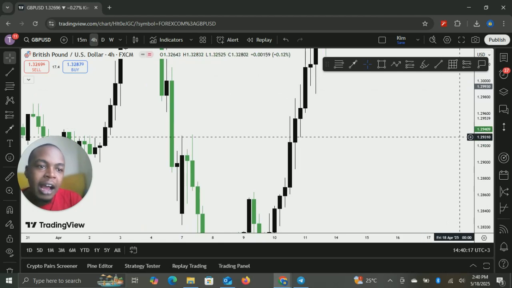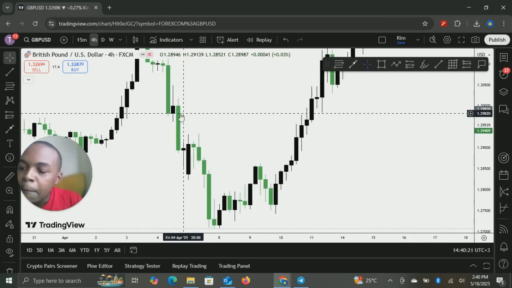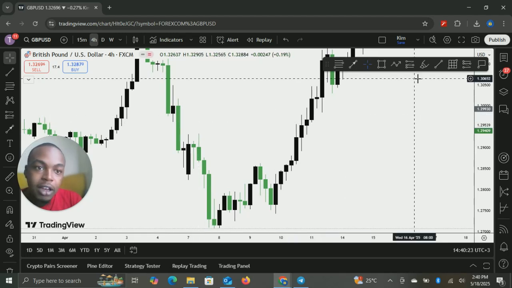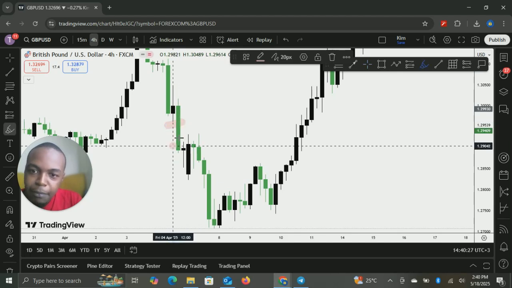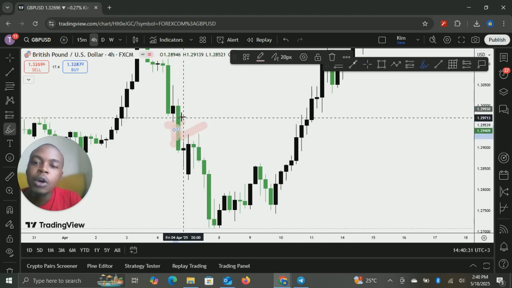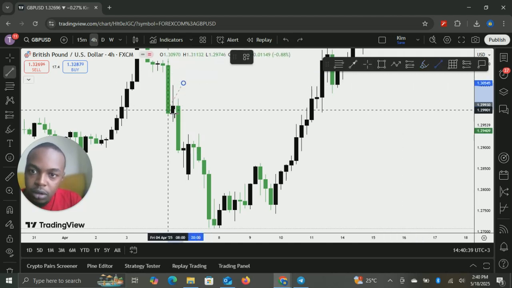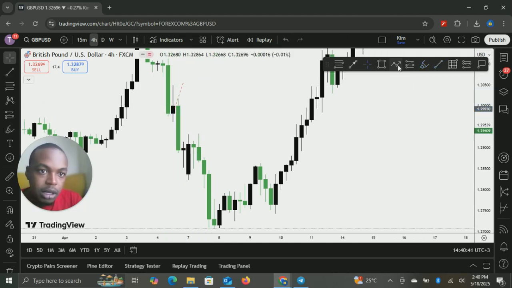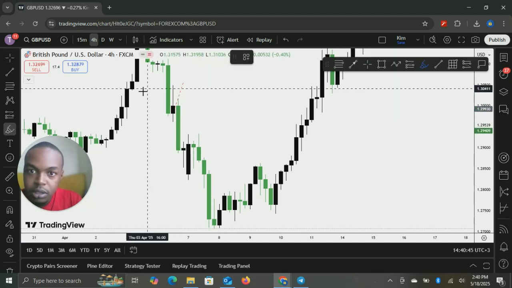A fair value gap is a place where money was left behind, or a gap that was not filled in the market during candle formation. For example, you take this candle, let me take a drawing tool, this highlighter.